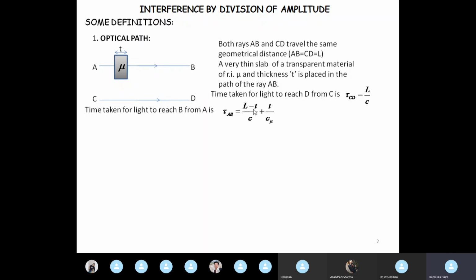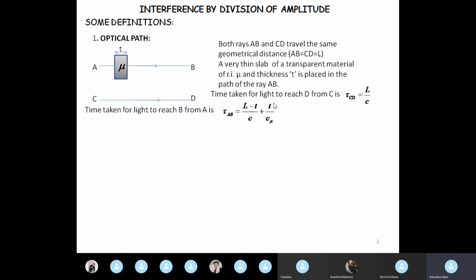Okay, so it is traveling a distance capital L minus t, the thickness of the slab, in air, and this distance it travels with a speed c, the speed of light in air, so it's given by (L minus t) by c. Whereas within the material, it is traveling with a speed c_mu, its speed in the material of refractive index mu. So the time is t by c_mu.